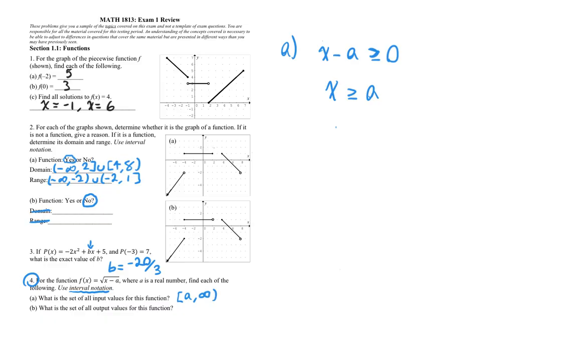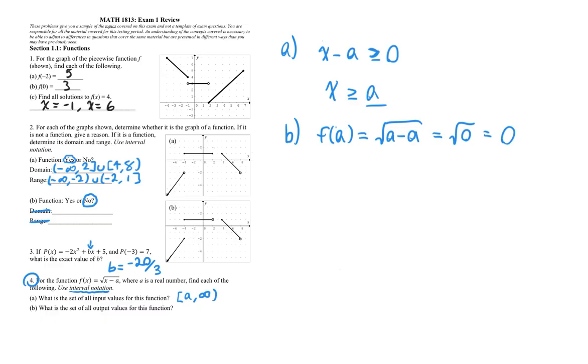Now, what is the set of all output values for this function? The smallest input that we can have is a, right? If we plug in a, we'll get the square root of a minus a, which is the square root of 0, which is 0.